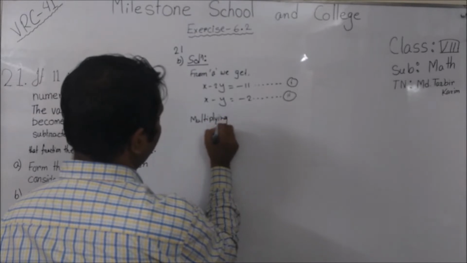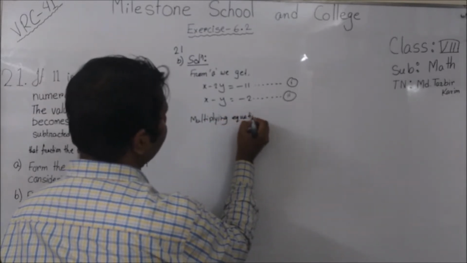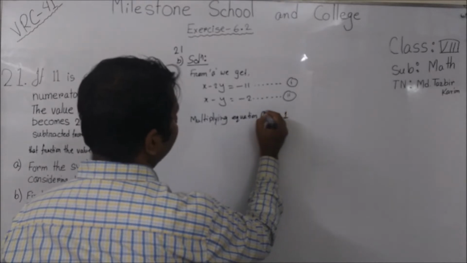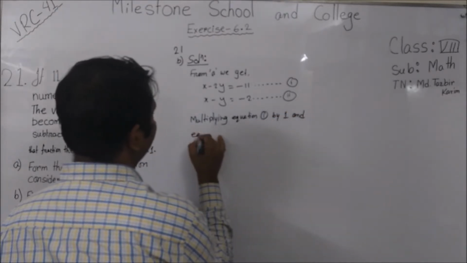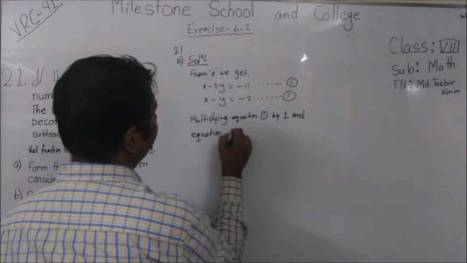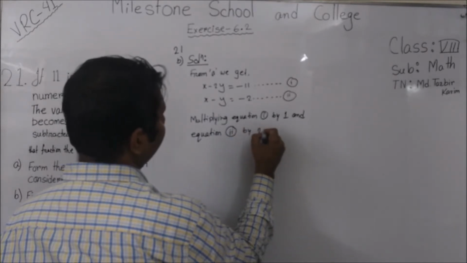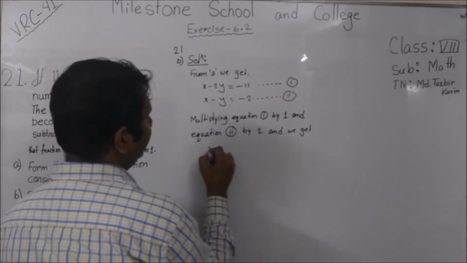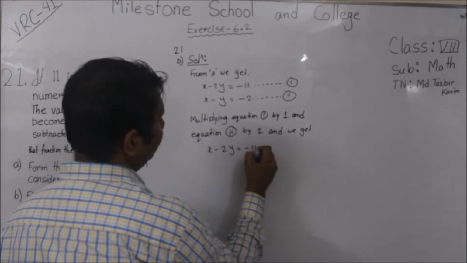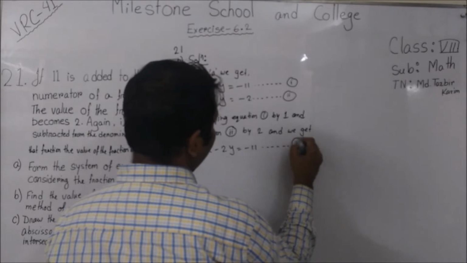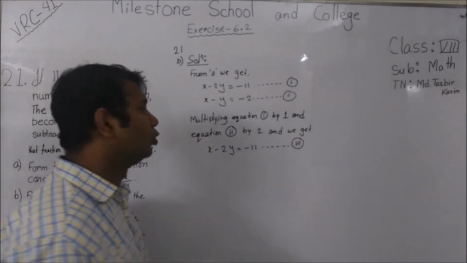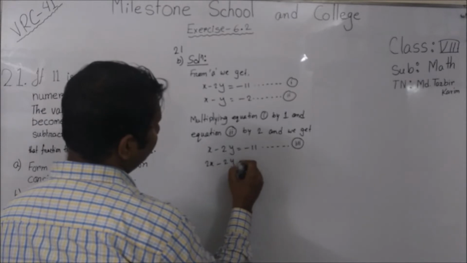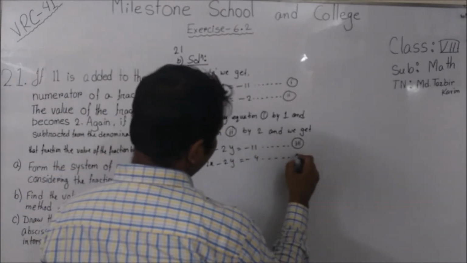Multiply equation 1 by 1 and equation 2 by 2, and you get x minus 2y equal to minus 11, equation number 3, multiplying by 1 on both sides, and 2x minus 2y equal to minus 4, equation number 4.